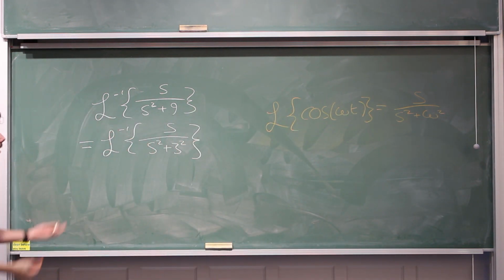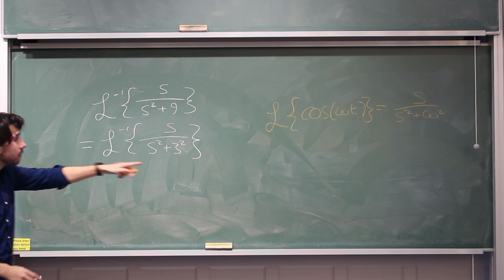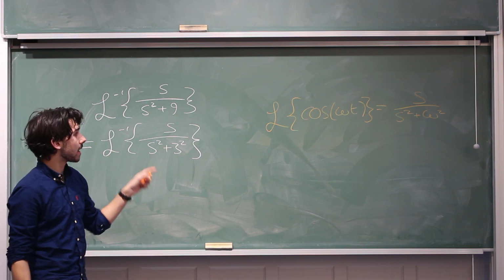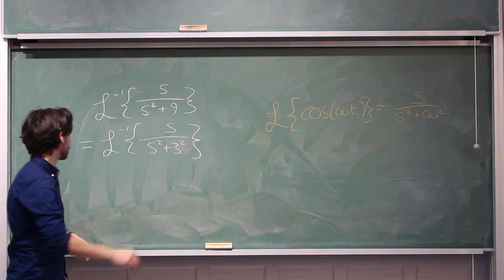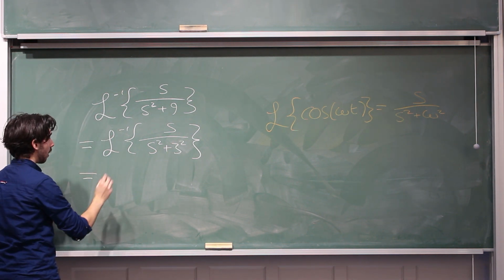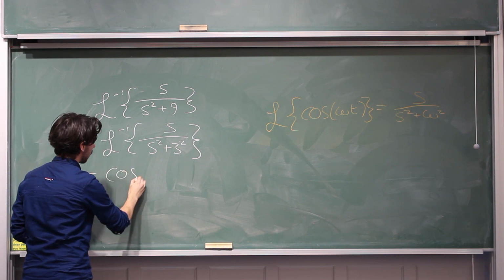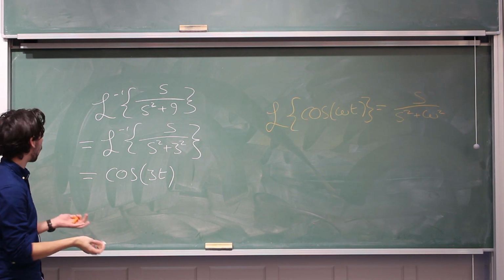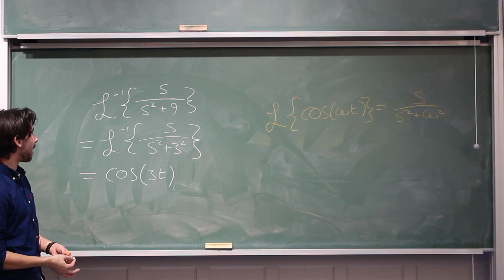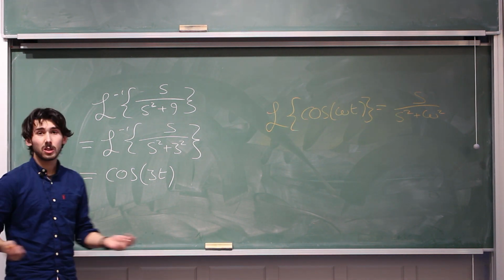So again, they're in the same form. So the inverse Laplace transform of s over s squared plus omega squared is cos omega t. So this must just be equal straight up to cos of 3t. And it's really that simple. It's kind of like a one-step or two-step situation for that one. So it's really not that bad.